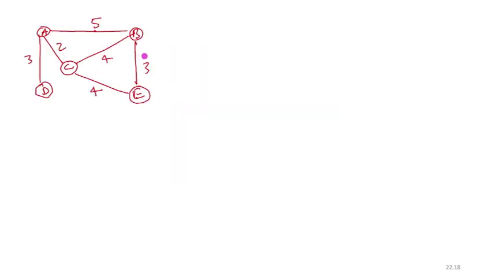Okay, so how we need to find out. Initially, suppose we are considering D. So the first step is initialization. So we need to find out the link state routing table for D.